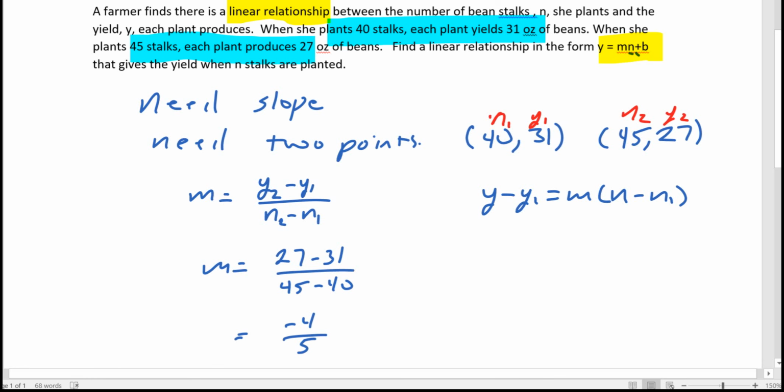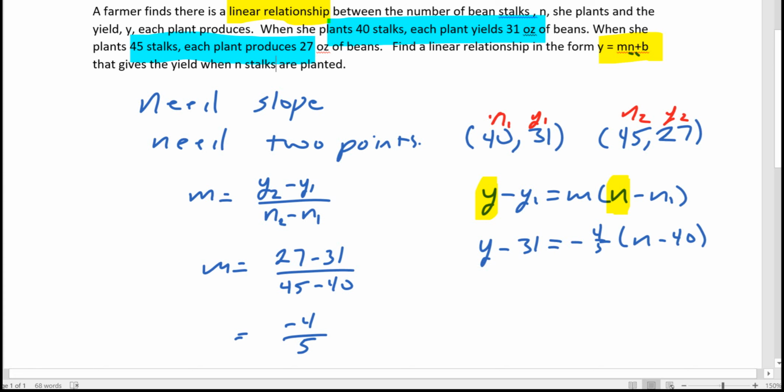Now, in this form of the equation, the y and the n, or x if you're in another problem, is going to stay those variables. And then we just have to substitute in all of the stuff that we actually have. So y minus y1, the slope we know is negative 4/5, and then it's n minus n1, which is 40. So there's an equation for the line right there.